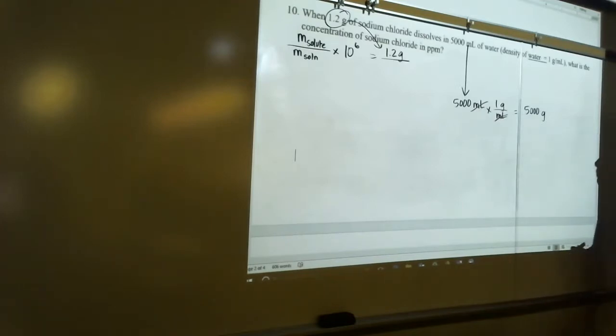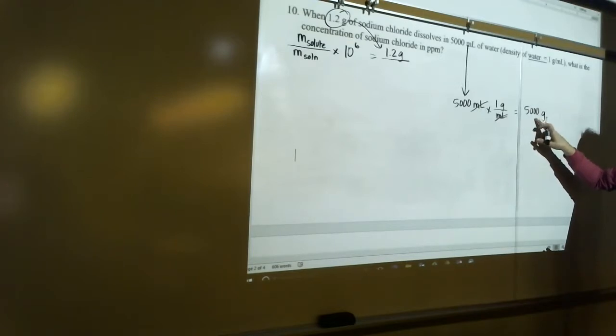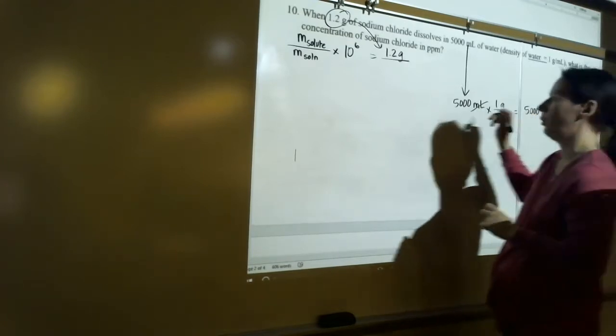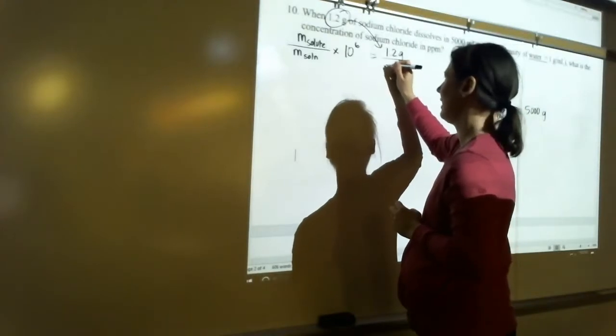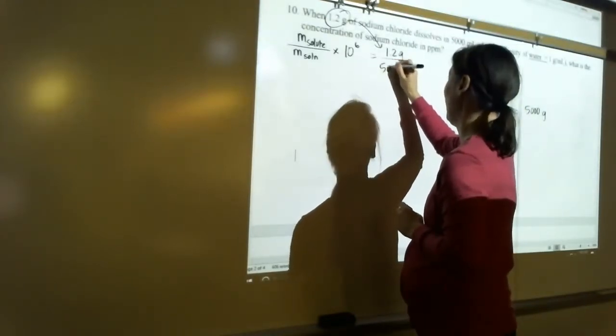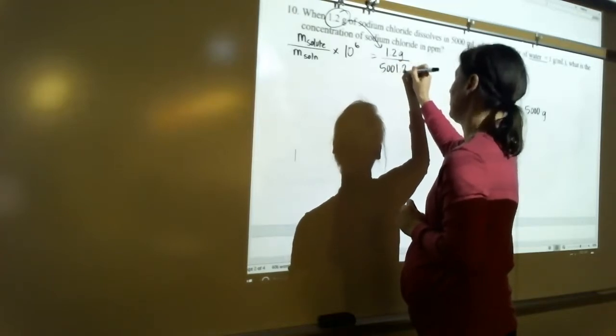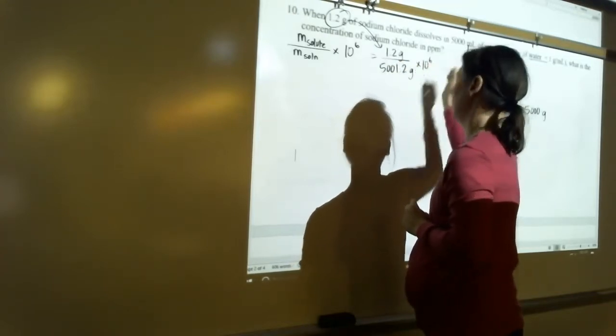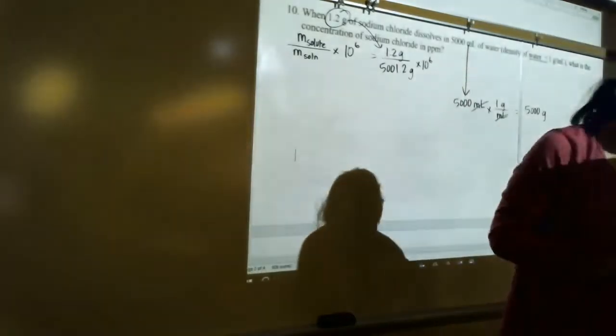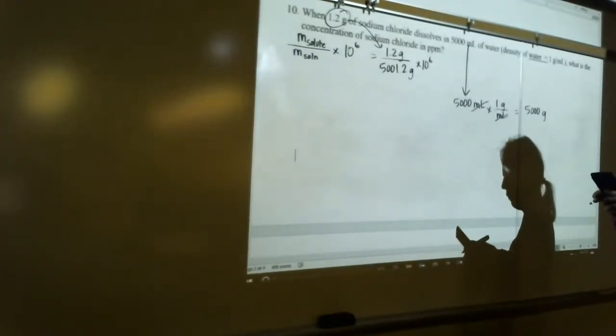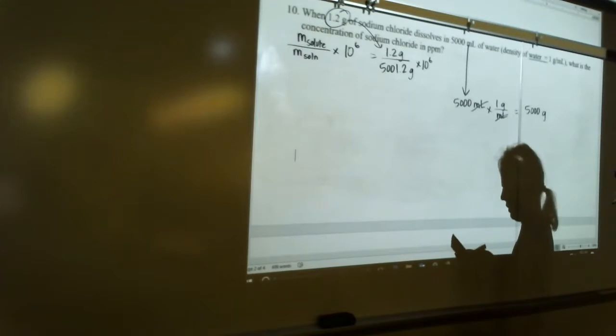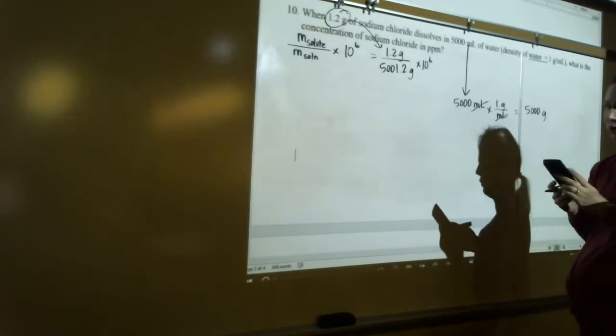Right? Now, do I need to add that 1.2 as well? Remember, it's total mass, right? So it'd be 5,001.2. Is that going to make a significant difference in your answer if you forgot to do that? Probably not. Once you round it to sig figs, we'll just do it both ways just to see. 1.2 divided by 5,000 gives you 0.00024, versus 0.002399 once you round it.